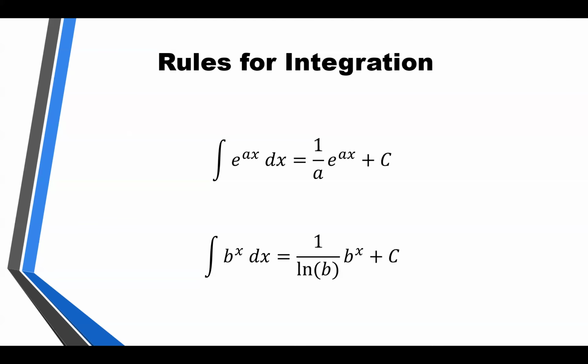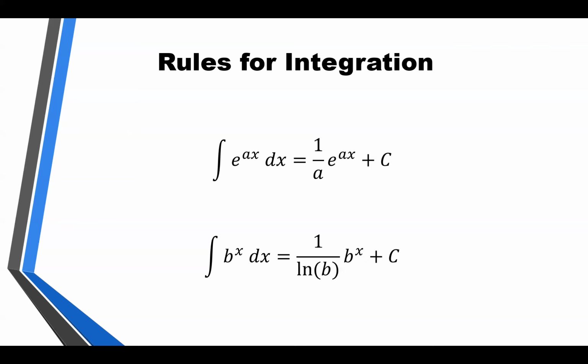So I take base e to the number times x, and I integrate that with respect to x. I get e to the ax times 1 over a. Now notice that when a is 1, that's just saying e to the x integrates to give me e to the x plus c. So when a is 1, we get that the antiderivative of e to the x is e to the x plus c.